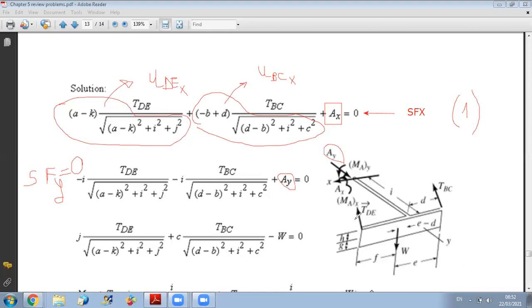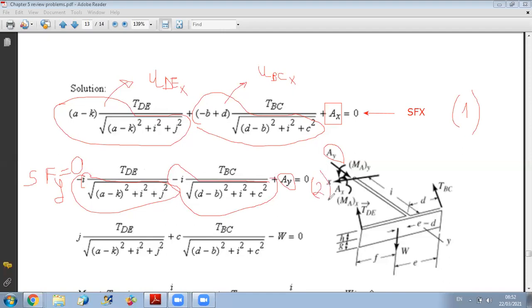So you will take now the components of TBC, TDE along y. So you should take the y component of the unit vector of each one. Okay, so this is the y component of TDE, of unit vector of DE, and this is the y component of unit vector of BC. This is equation number 2.